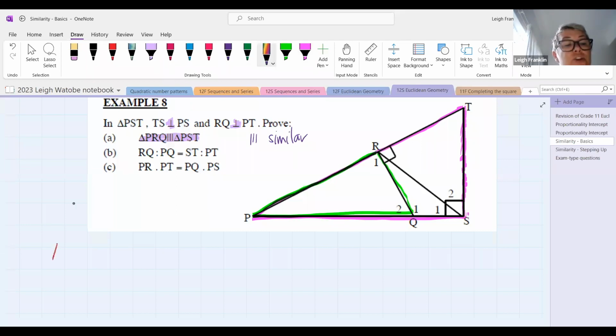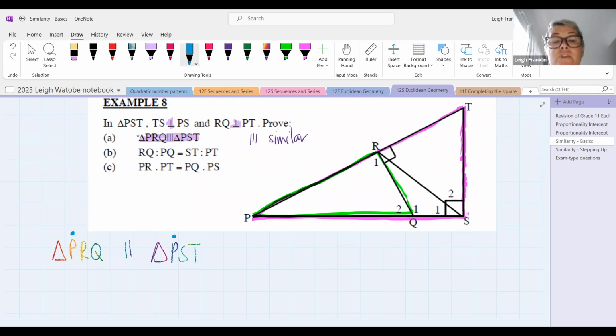When they say to you triangle PRQ is similar to triangle PST, the order of the letters is very, very important. Okay, that means that angle P in the one triangle is the same size as angle P in the other triangle.